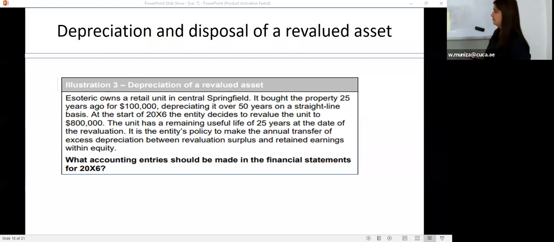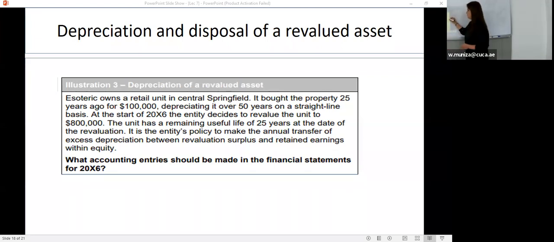Try to do it. The first accounting entry is going to remain the same for revaluation. What is that? Debit is non-current asset, cost account. Credit will be, but we have accumulated depreciation as well. Debit will be accumulated depreciation account. Credit will be revaluation surplus account. First accounting entry.